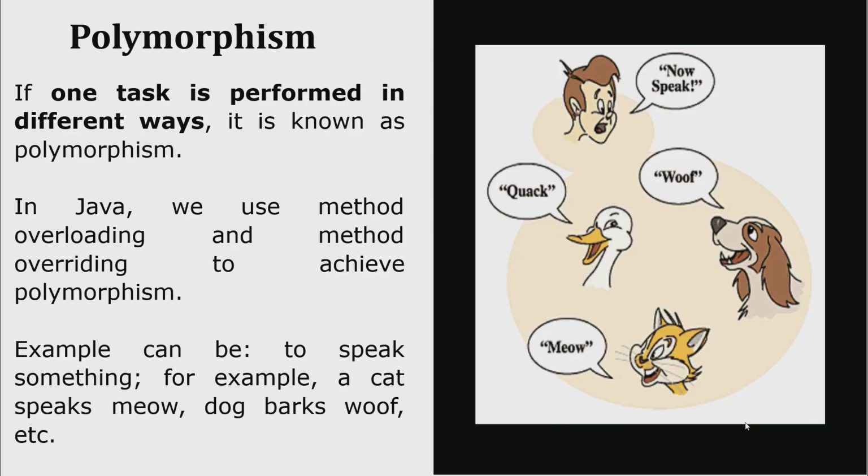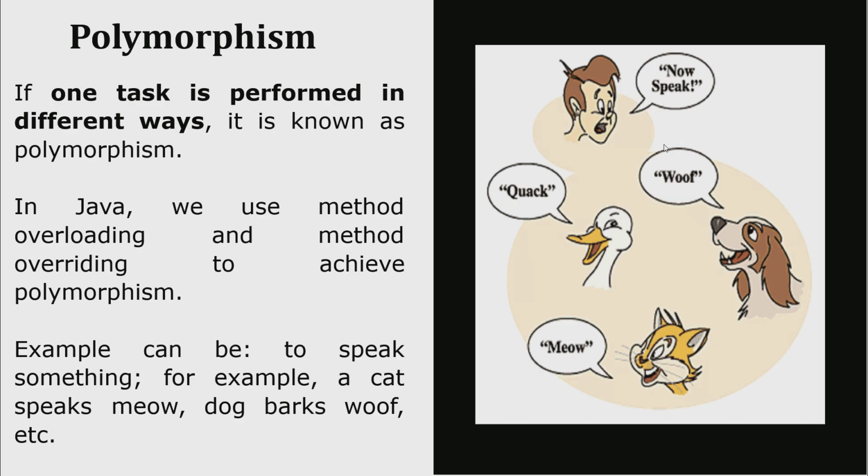Next one, polymorphism. Polymorphism is one task performed in different ways. For example, a person could speak. Speaking means he can speak in any of the languages. We can use various languages like Tamil, Hindi, Malayalam, Telugu.